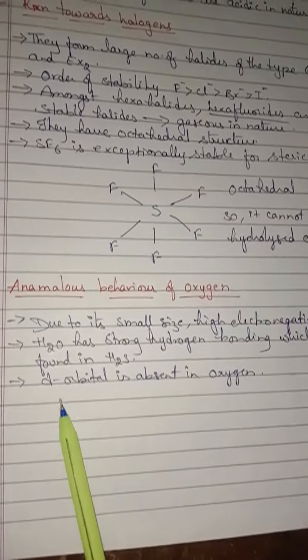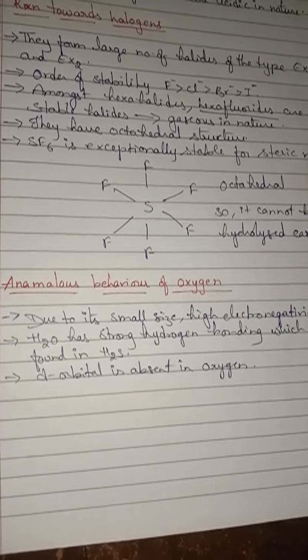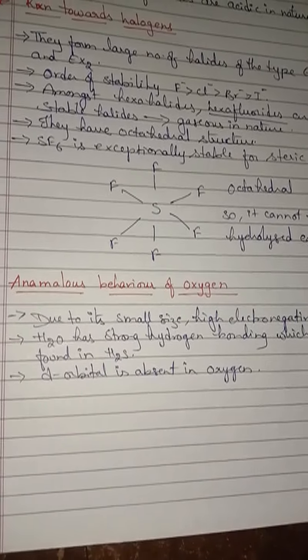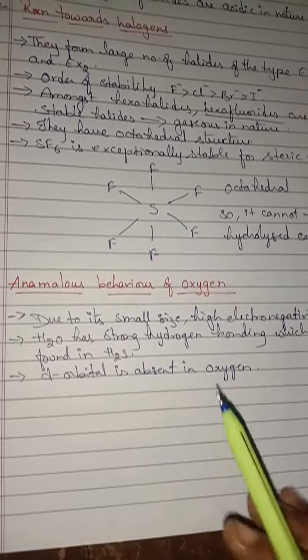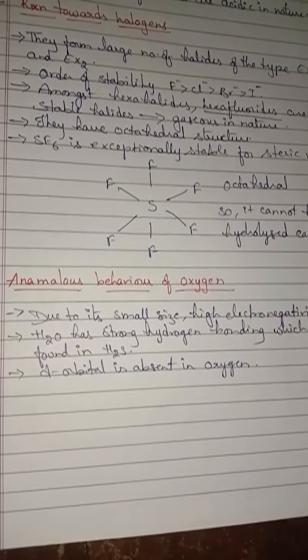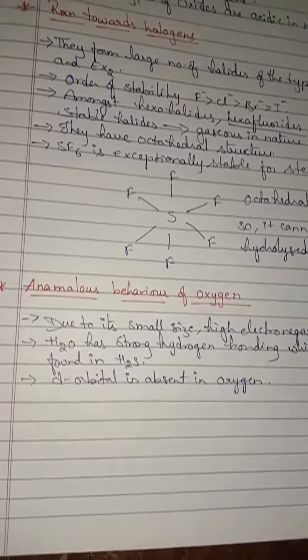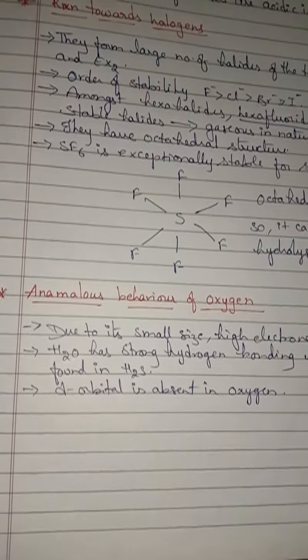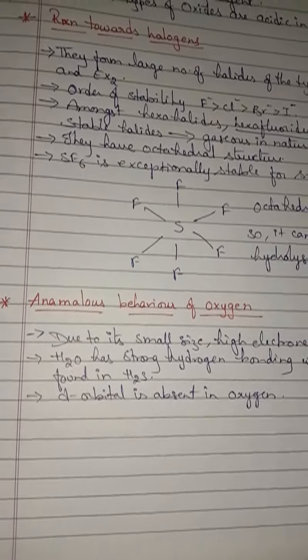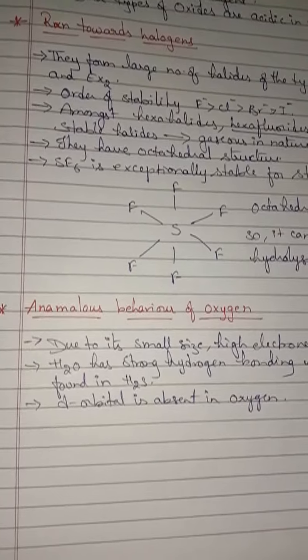But in oxygen it is limited to 2, because only 2 unpaired electrons are present. So this is about the anomalous behavior of oxygen. In your next class we are going to deal with the preparation of dioxygen. Thank you, children.